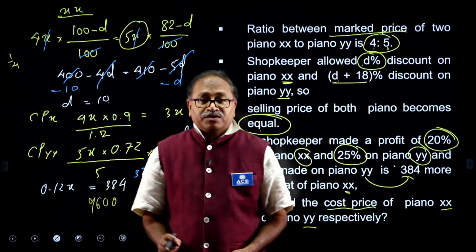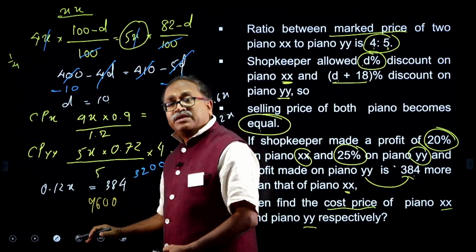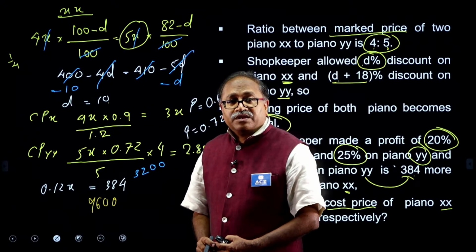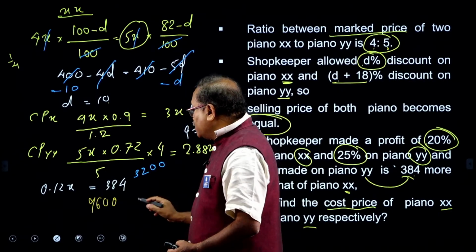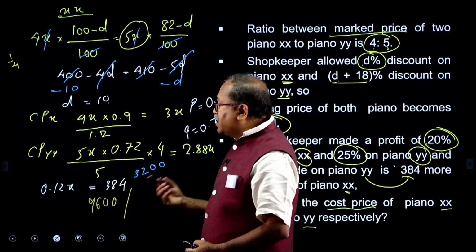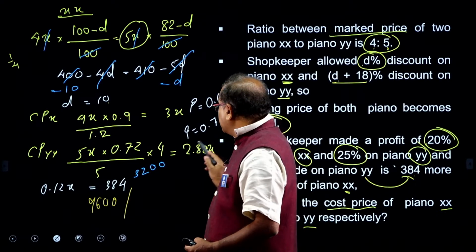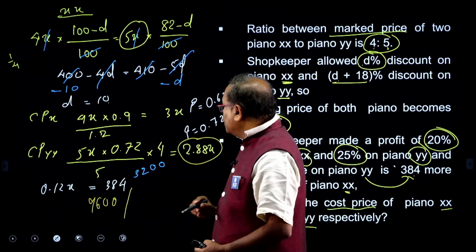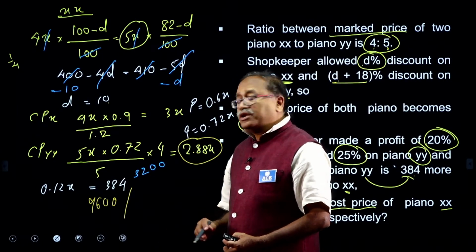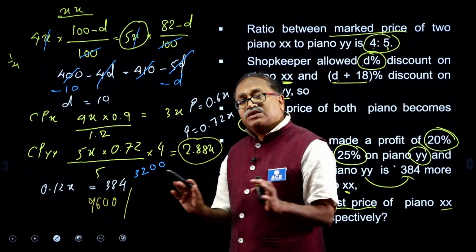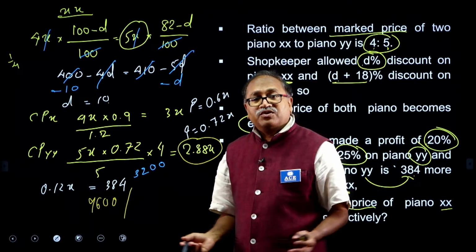But I need to find the second value also, and when we have done so many things, why go for the option again? Even if none of these is there, do not take the risk. So I got my first value, and what is the second value? The cost price of YY is 2.88 into 3200. As there are 2 digits after the decimal, 2 zeros will get cancelled, and the product of this with 32 will be your answer.